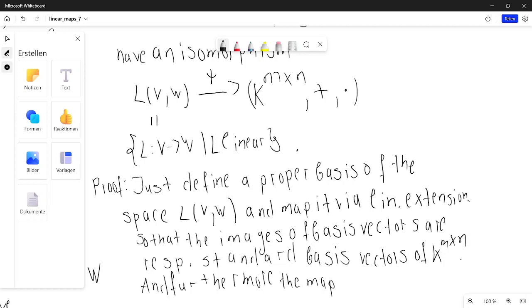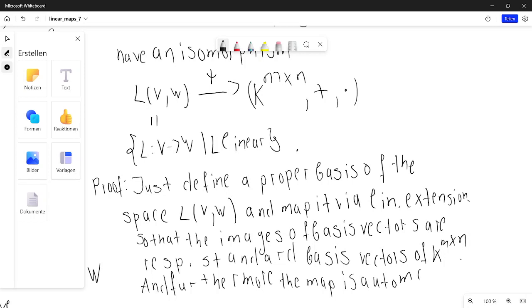So it is linear. We just apply this and get as images of the basis vectors the standard basis vectors, that is, the constants in the image get multiplied by the standard basis vectors, and this of course gives any matrix. And furthermore, the map is automatically surjective.